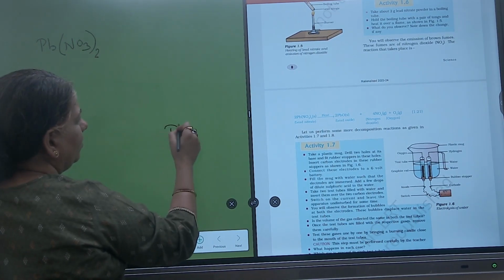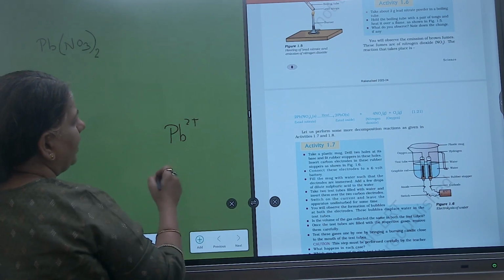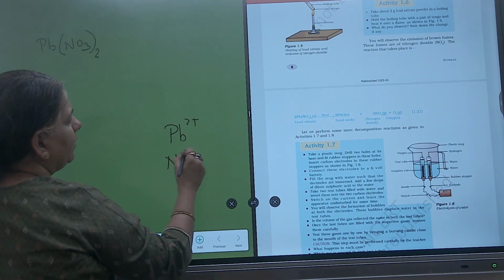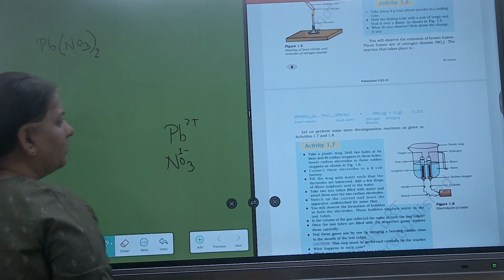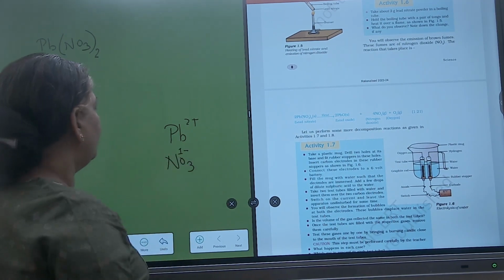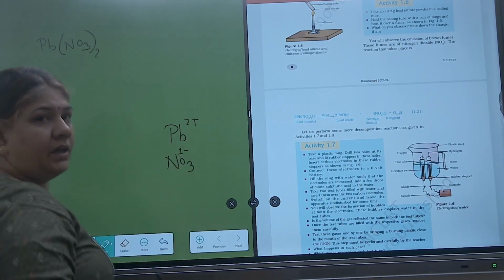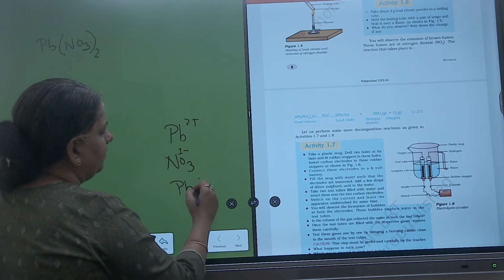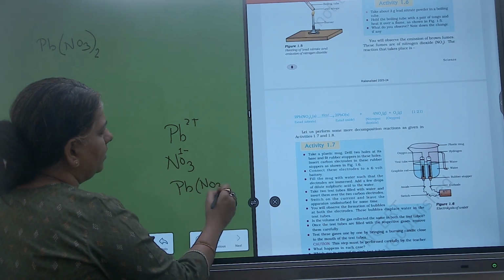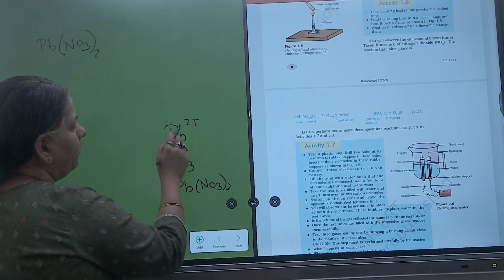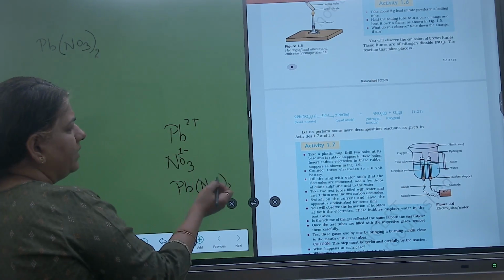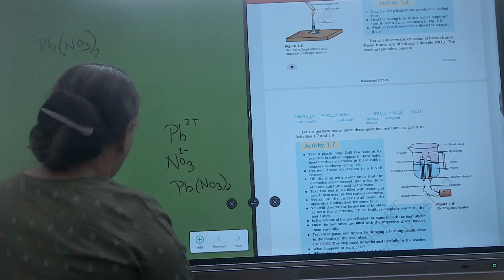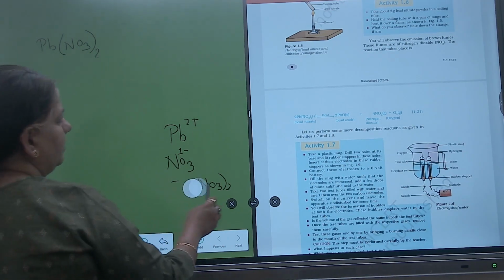So I'll write Pb 2 plus, that is valency 2, and nitrate, a polyatomic ion, has valency 1. So you cross multiply the valencies: Pb(NO3)2. This 2 of lead will go to nitrate and valency 1 will automatically come to lead. 1 is not shown while writing the formula.